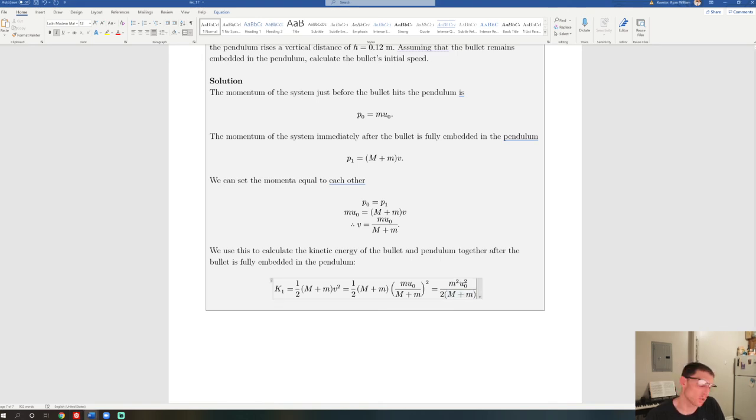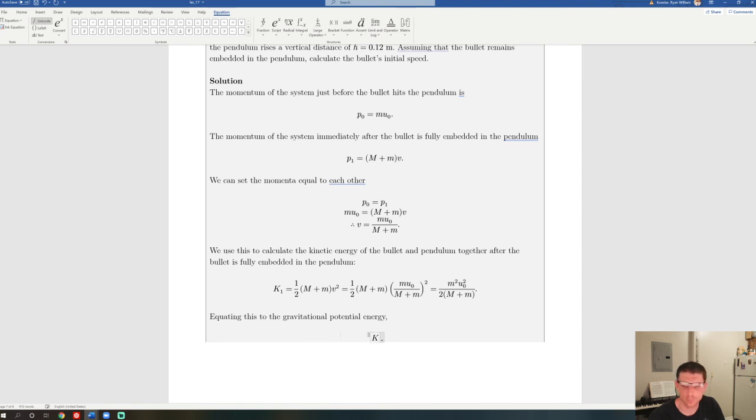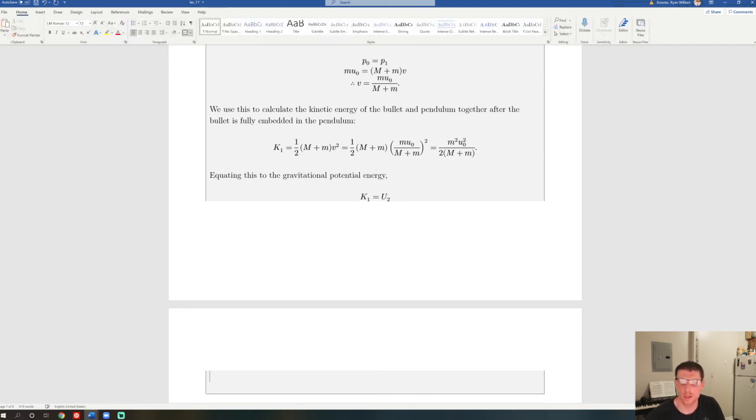And then we equate this, from conservation of energy, to the gravitational potential energy. So we would write K1 equals U2, and symbolically it's just this.